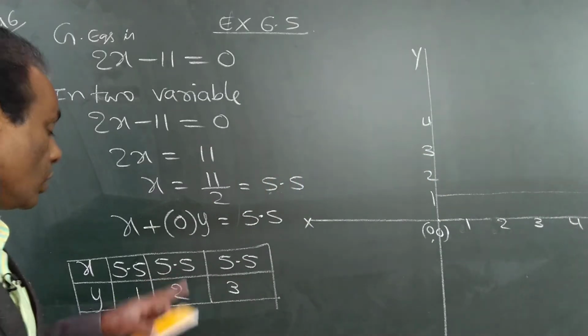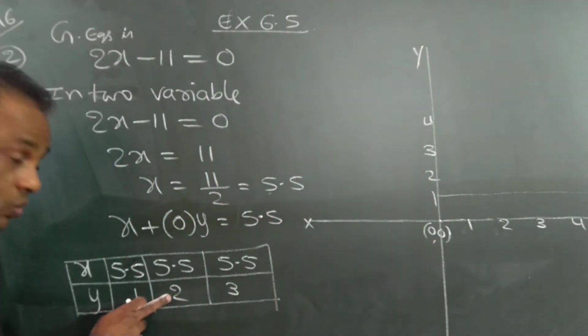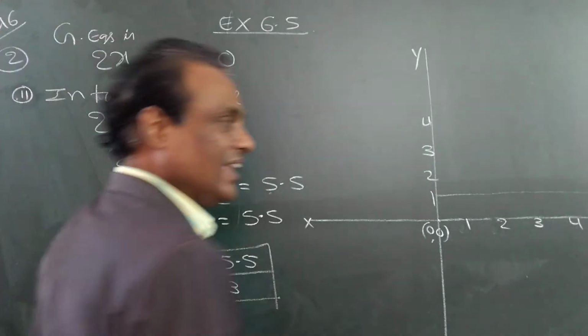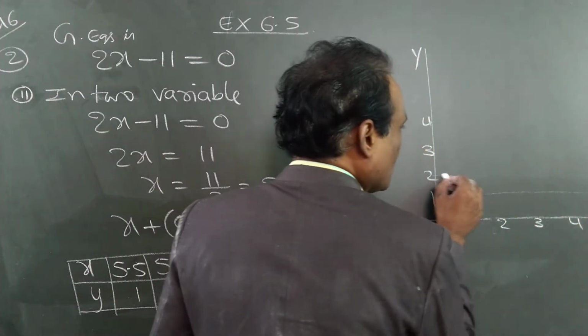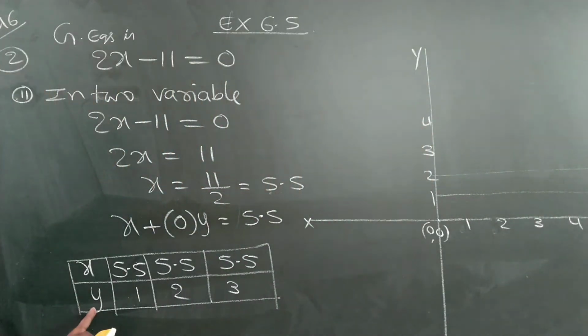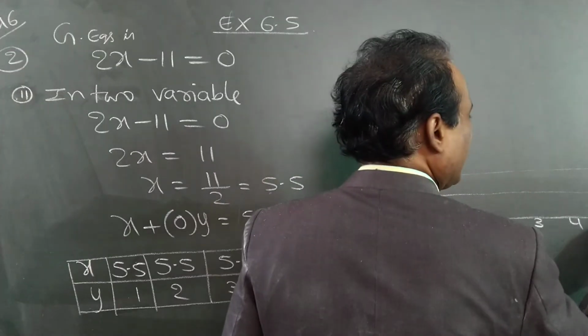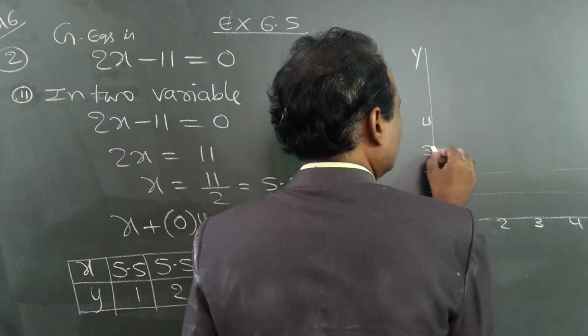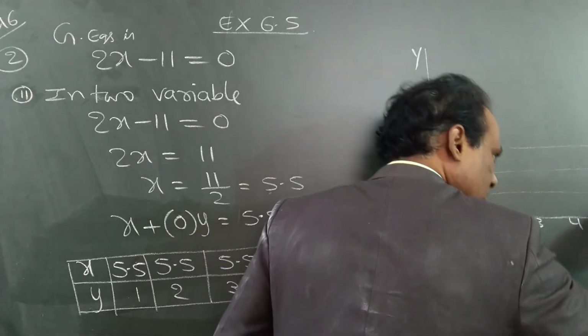Next, y value 2, x value 5.5. x is 5.5 only, the same will continue. y is 2. Y is 3, x is 5.5, always 5.5. This is the line.